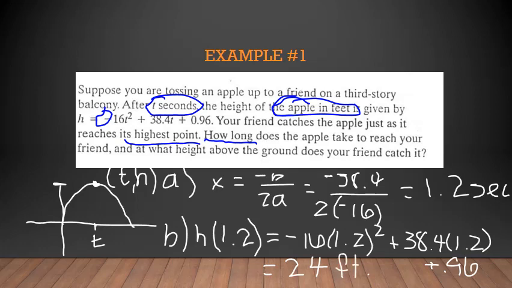So while our friend was standing on the balcony, we threw the apple to her. It took 1.2 seconds for that apple to reach 24 feet above the ground. So the y value here would be 24, because it's from the ground up. Obviously on the ground would be 0. The ground up would be 24 feet high.